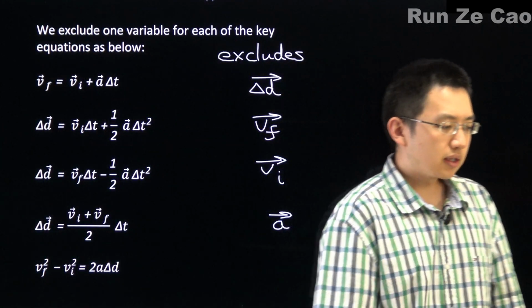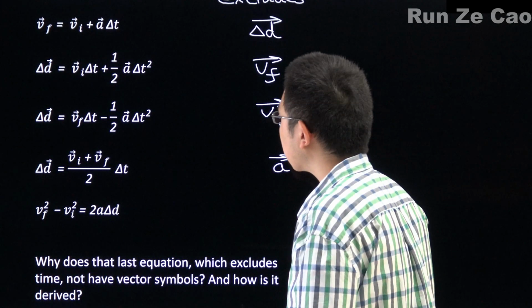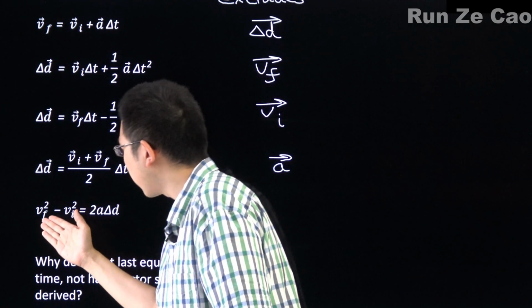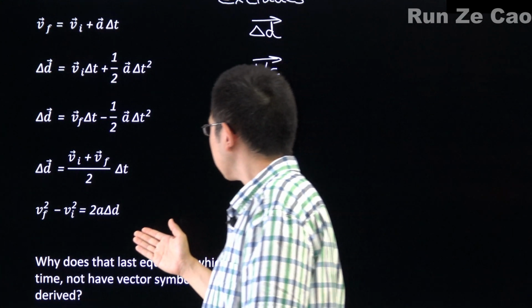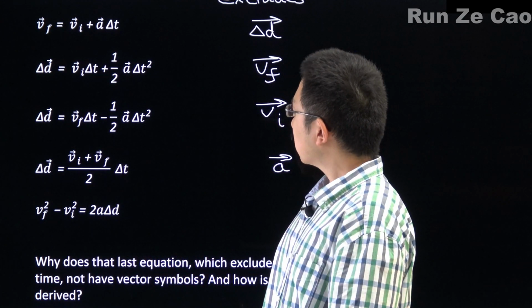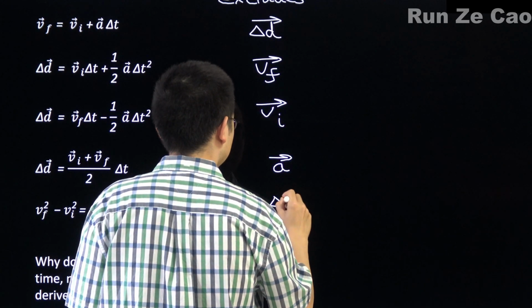Now the last one is the most interesting, because how do we get V final squared minus V initial squared to be equal to 2ad? What does this exclude? This excludes time. So how is this possible?